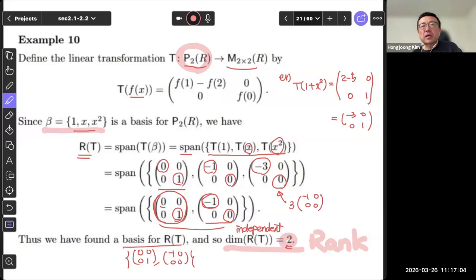And this result is not a coincidence. The dimension of the domain is the sum of the dimension of the range, the rank, plus the dimension of the null space. So by looking at this basis for the range, you should be able to derive the fact that the nullity will be 1.